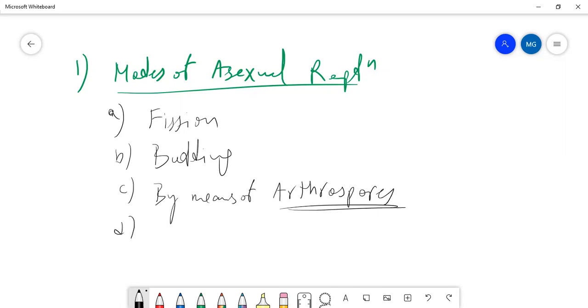And D, asexual reproduction by means of chlamydospores.